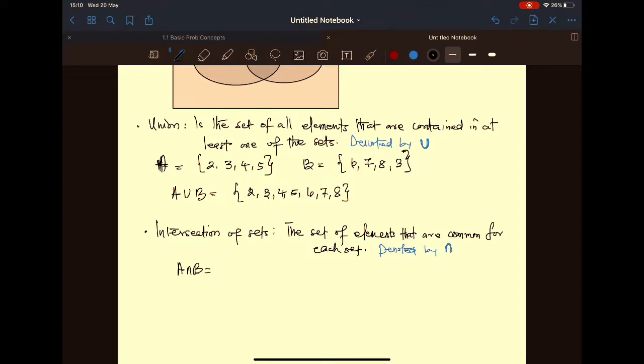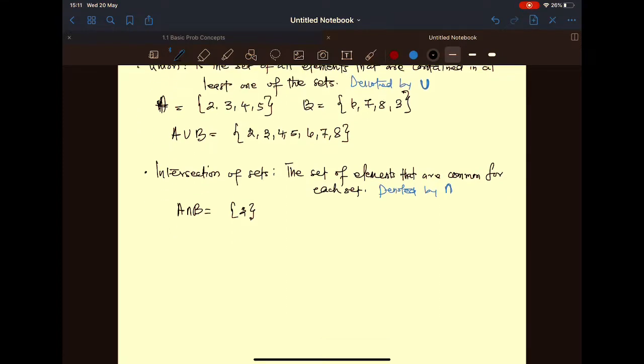Now A intersection B becomes whatever element is in A and also in B, and we can see that it's only 3 that forms part of the set. So the set of intersections is 3. This is also one thing we would want to know.